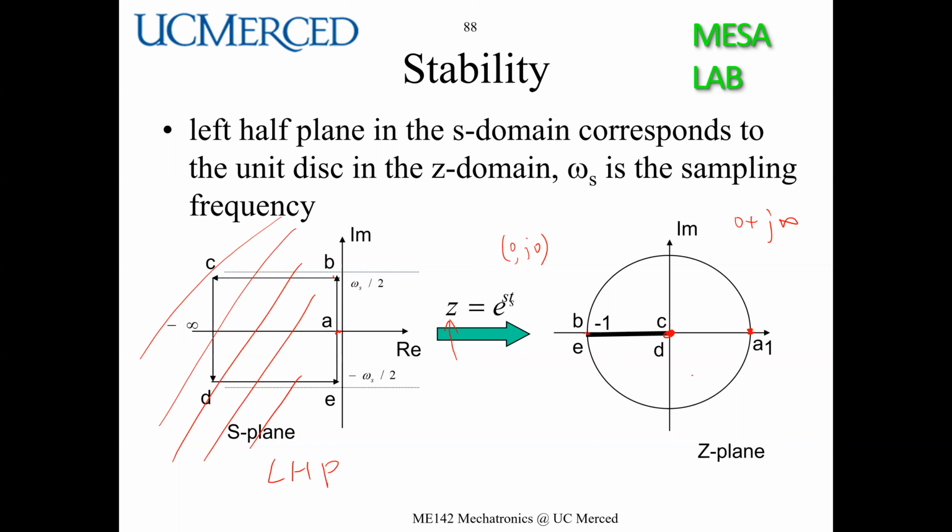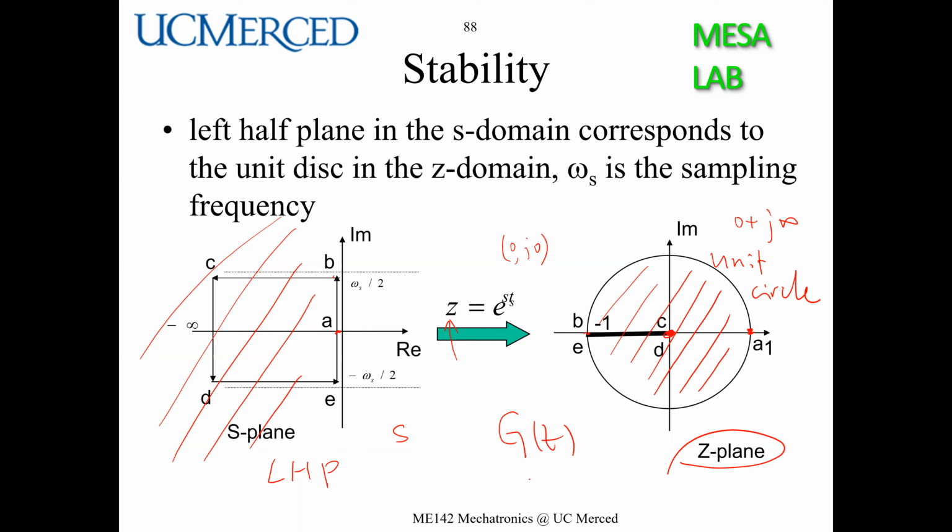Similarly, this is the S plane, and this is the Z plane. Both are complex numbers. By doing that, you are going to see that the shaded area can map inside here. In other words, inside here is called the unit circle. All the poles of the Z transfer function have to lie within the unit circle to be stable.